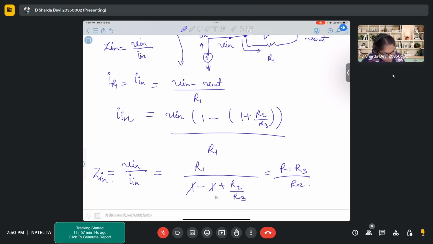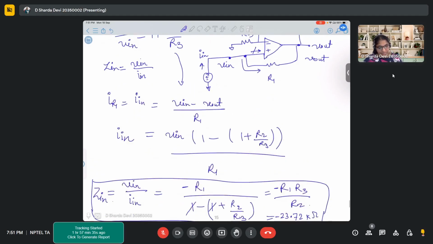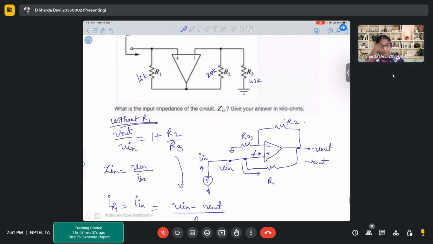And because of the negative sign, the value of Zin is minus R1 R3 by R2, which is equal to minus 23.70 kilo ohms. So this is the resistance that you get.